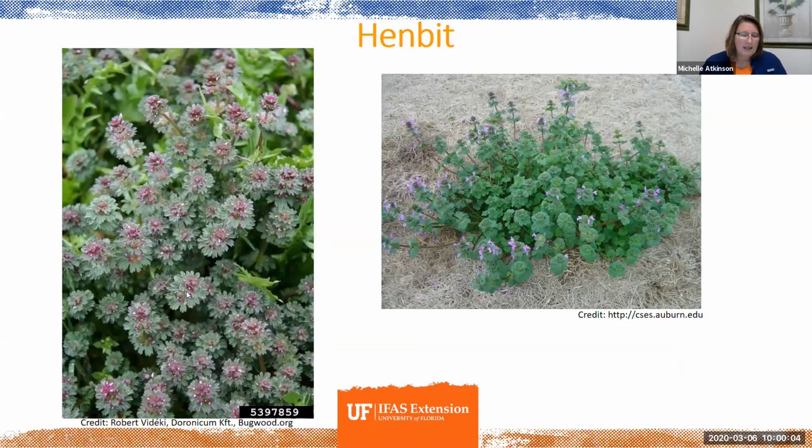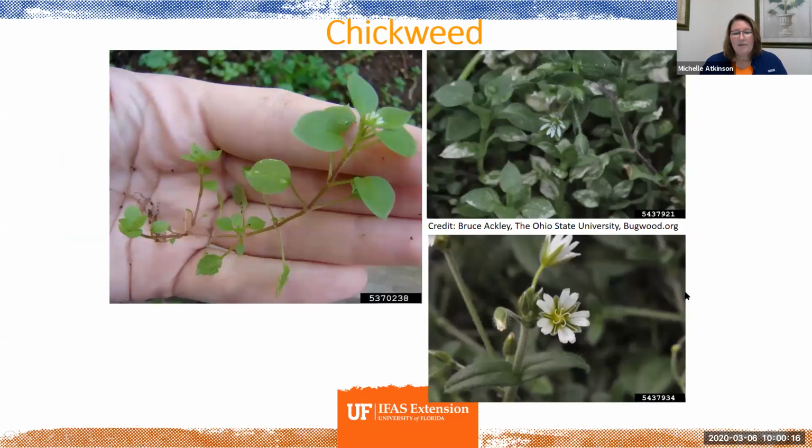Henbit, I think of these little feathers here, or these little petals like feathers, and they just remind me of little chickens. So that's how I remember henbit. Then we have, this is the one that looks a little bit like pusley because of the little white flowers at the terminal ends here, but it's more of a sprawling, less dense.